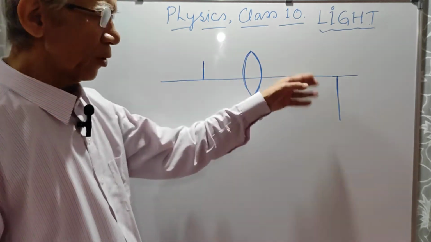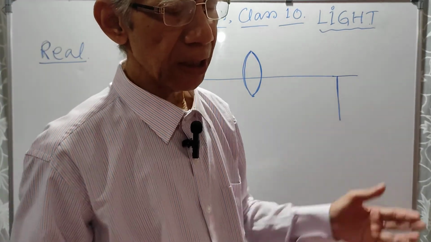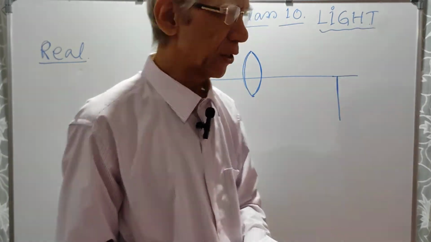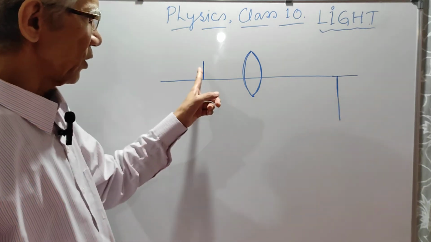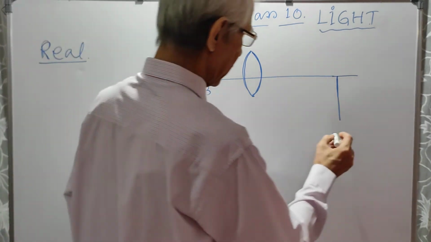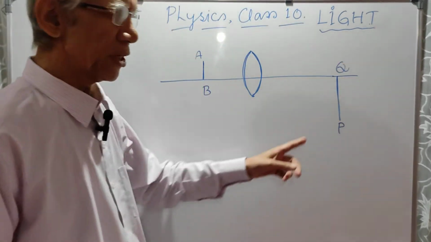How the image is formed, those rays I have not shown. So there will be rays. I mean, you have learned how the image is located by drawing at least 2 rays, isn't it? So this is the image and this is the object. So let us say AB is the object and PQ is the image. Now this is a real image.